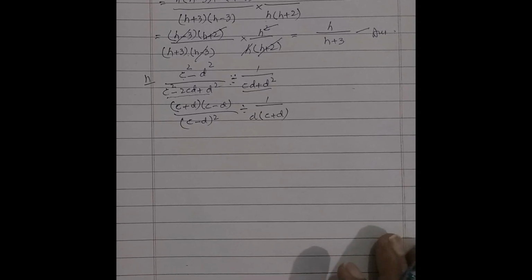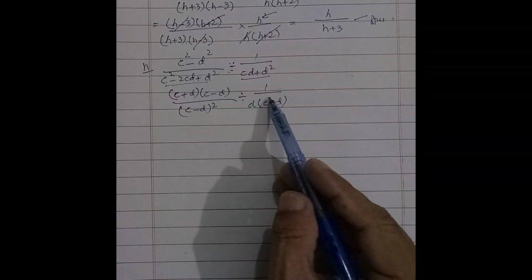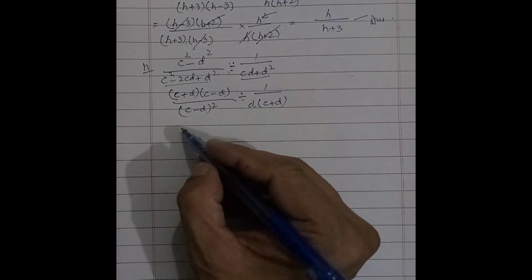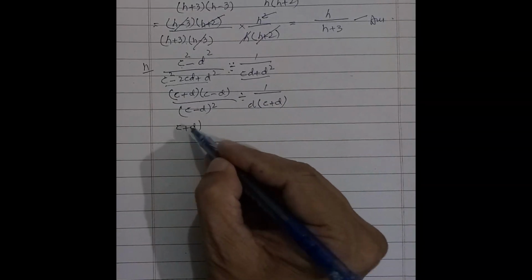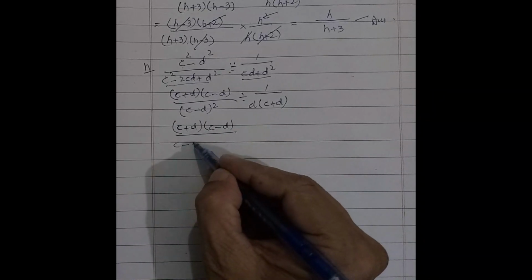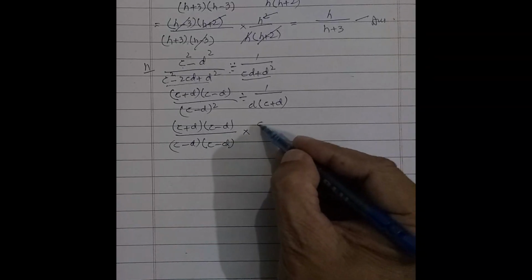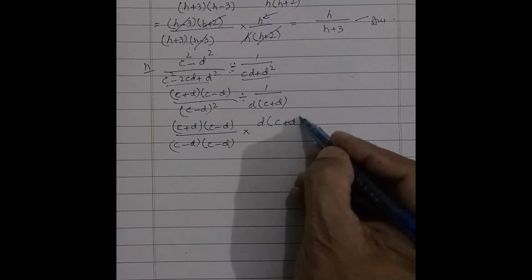And next, this value divided by this, so convert it into multiplication. We get (c plus d)(c minus d) over (c minus d)(c minus d), multiplied by d over c plus d.